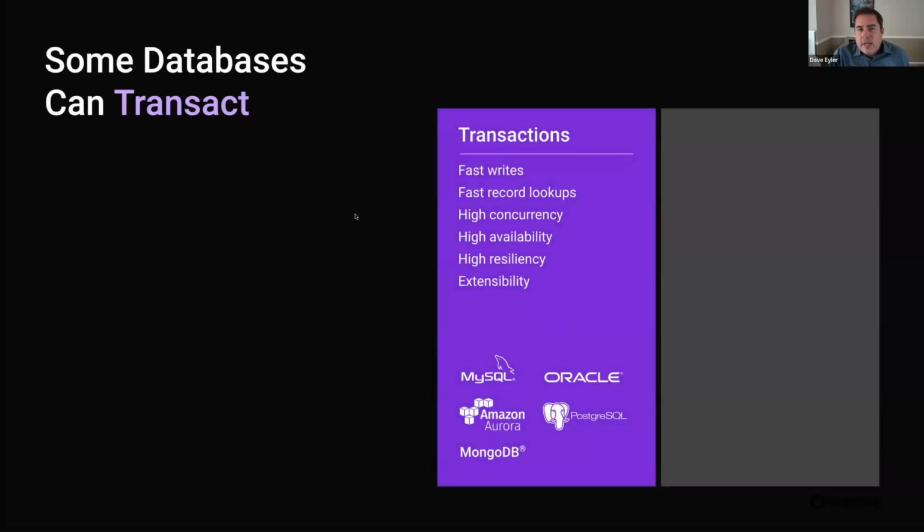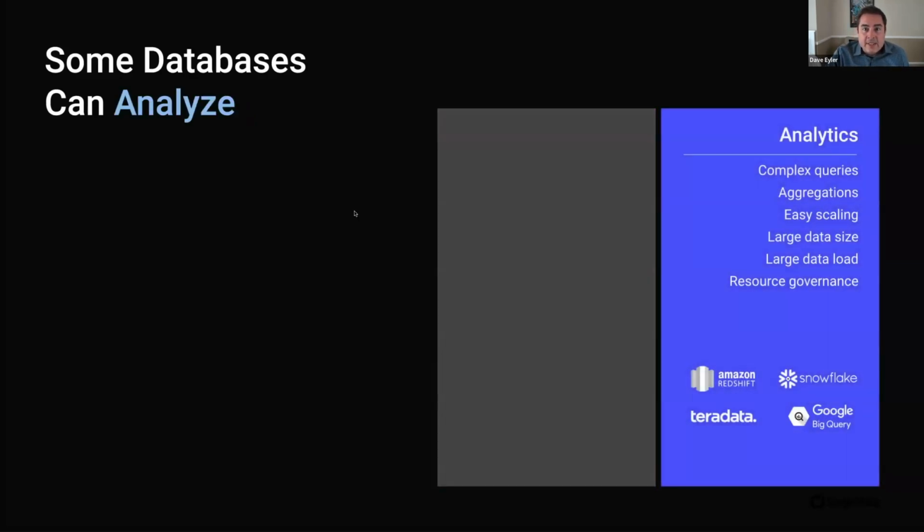There are some databases that can transact. You've heard of them, MySQL, Oracle, Aurora, all these databases. They can do really fast writes and reads, high concurrency, highly available, all these great capabilities. But you know what they can't do? Analytics. As soon as those databases try to do analytics, wheels come off. Doesn't work. Now you've got these analytics databases like Redshift and Snowflake, Teradata.